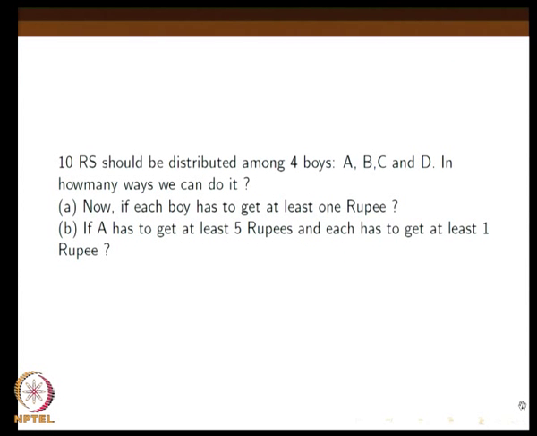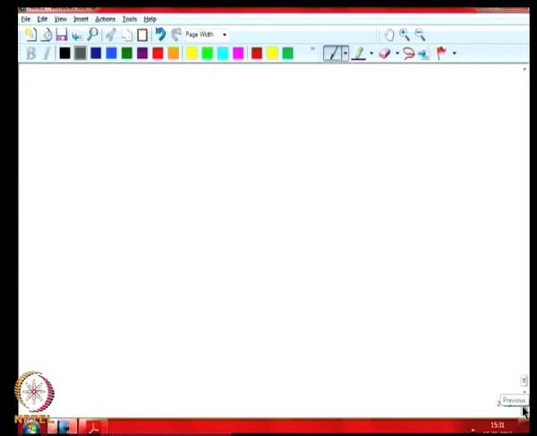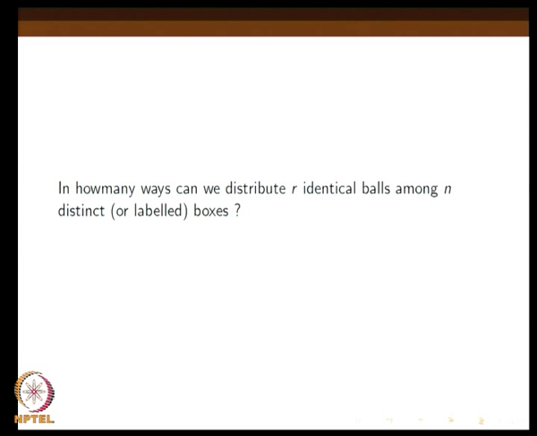Now, the next one. This problem has some idea here, in the sense that we can rephrase the question, like in the earlier one. Suppose we have to select r things out of n types of things with repetition, in the sense that a certain type can be repeated any number of times, we are not restricted, but we have to select r of them.